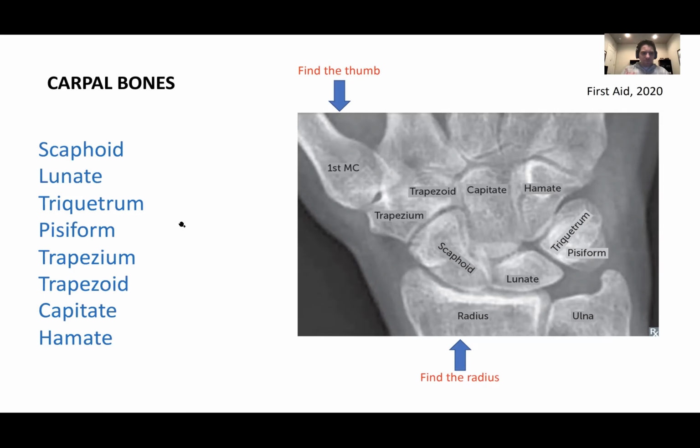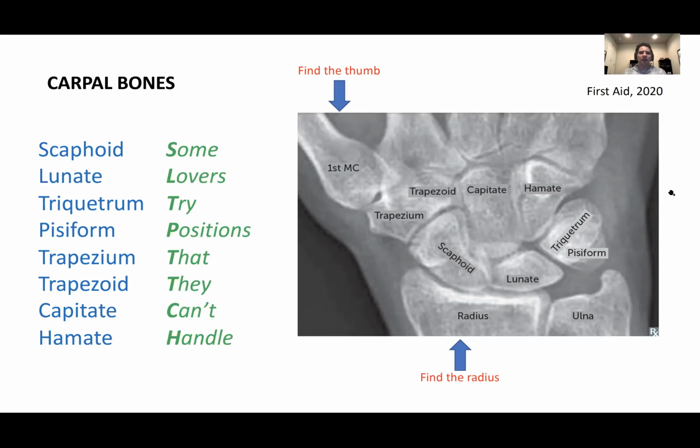Okay, if we start thumb side, most proximal, you go scaphoid, lunate, triquetrum, pisiform. Start back over: trapezium, trapezoid, capitate, hamate, right? There's an easy mnemonic: Some lovers try positions that they can't handle. The dirtier it is, the easier it is to remember, so this is a good one.